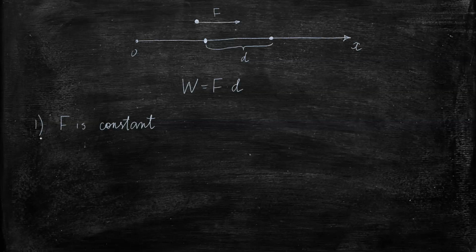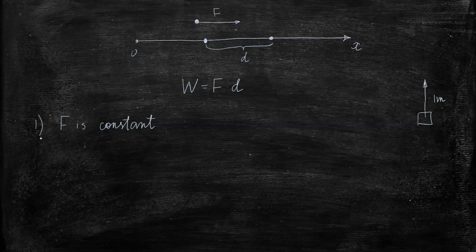So one example of constant force will be the work done by lifting an object. As you lift an object, and everybody has done this before, you take an object, you lift it, let's say 1 meter.